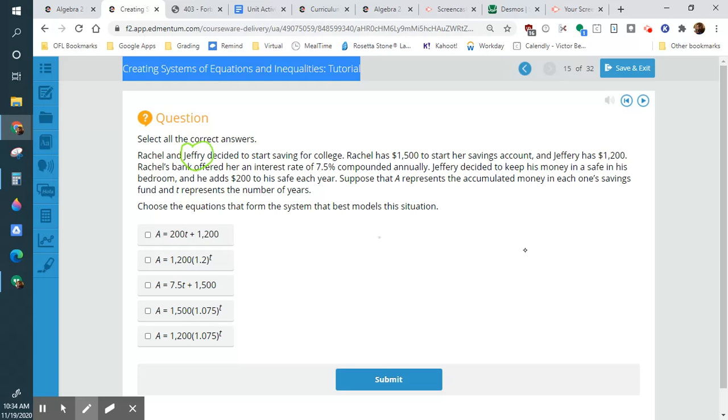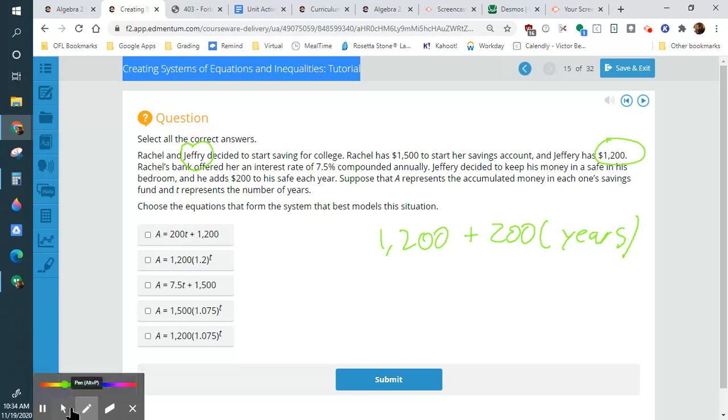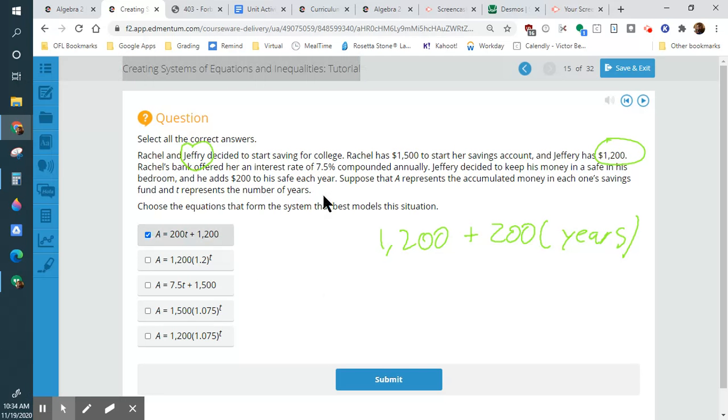He starts off with $1,000 and then he's going to add $200 every year, so he has to multiply it by the number of years. That one's pretty simple. It should be, where is that 200? Here it is. So that one's pretty simple.